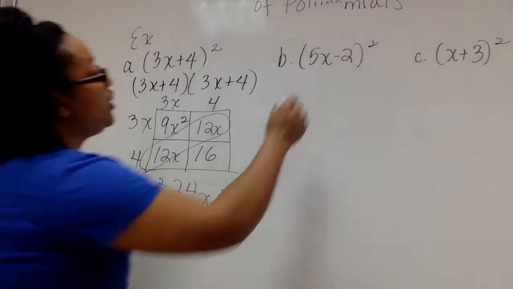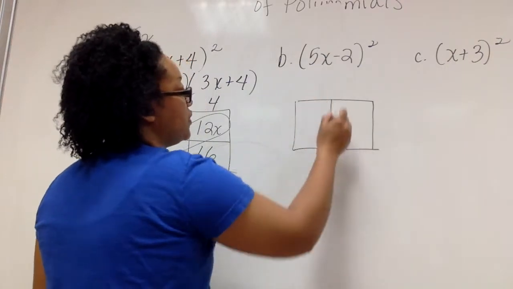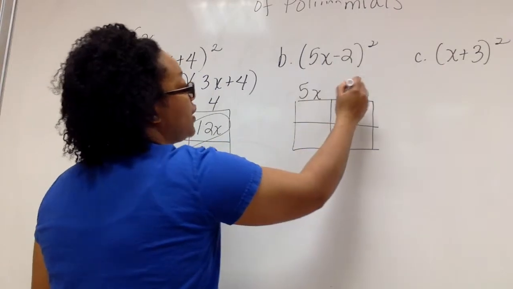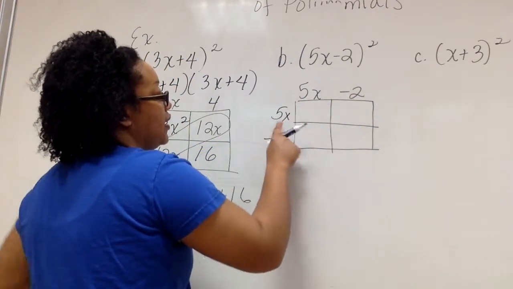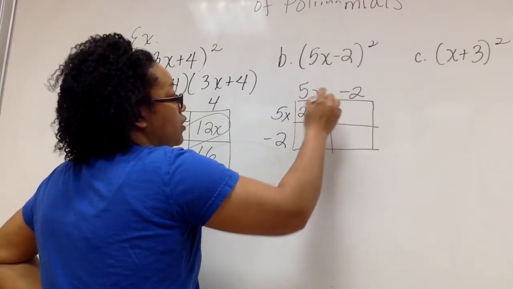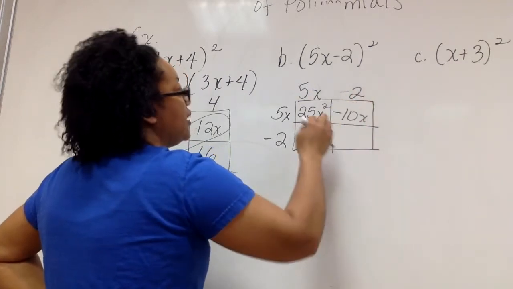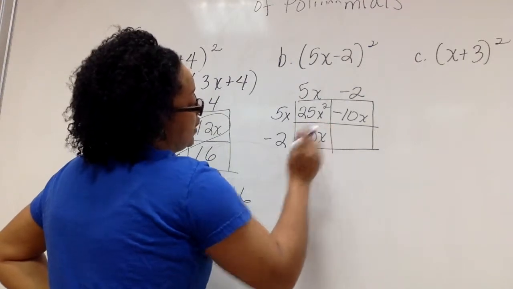So for letter B, you're going to expand the 5x minus 2, and I don't think there's a reason to show you that. You're going to have your identical twins. That's minus 2, so you got to bring down negative 2. Same thing on the side. 5x times 5x, 25x squared. 5x times negative 2, negative 10x. Same thing, 5x times negative 2, negative 10x.